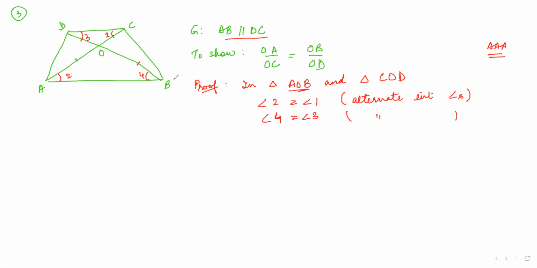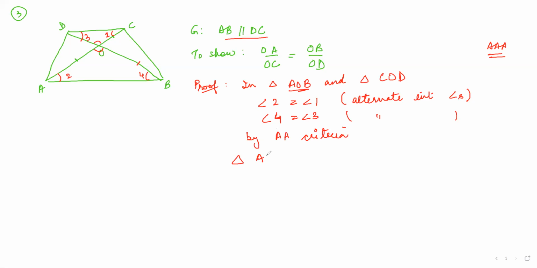What about the third one? By AA criteria also we can say, but in this figure, this angle is also equal to this angle, vertically opposite, right? So it's your wish, you want to write, you write. Otherwise, by AA criteria, these two triangles are similar.